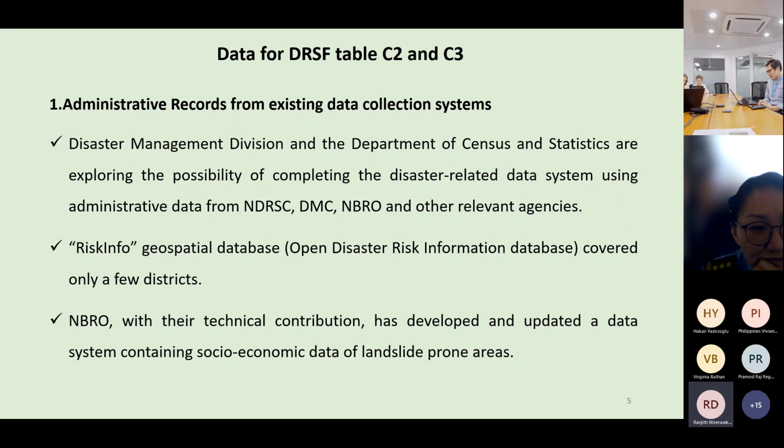And NBRO, with their technical contributions, have developed and updated the data system containing the socio-economic data of landslide prone areas. But NBRO also doesn't cover all landslide prone areas in getting disaster related information, but it is an ongoing process. And within the next 5 years, they will be able to cover the entire prone areas.